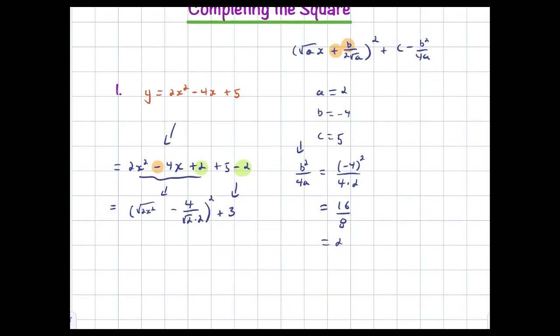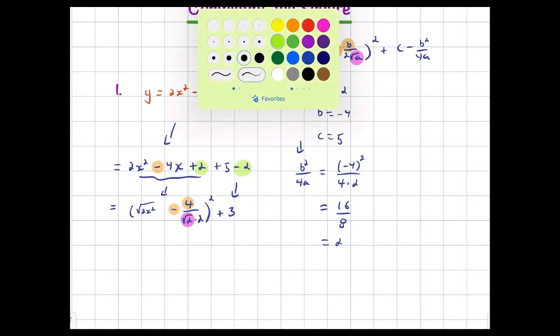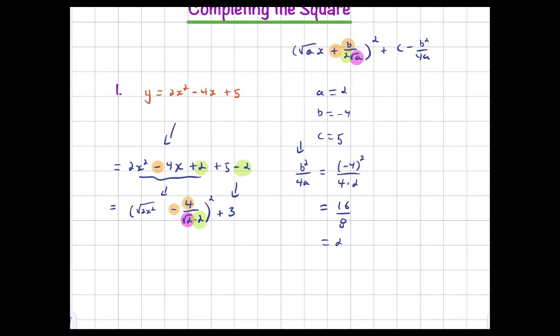And just to really emphasize this, because it's the first time we're doing it, this is the b. This is the plus b, and then underneath there we have the square root of a, and then we have the 2, which is just the 2. So this is a complete correspondence with what we did in the concept video.